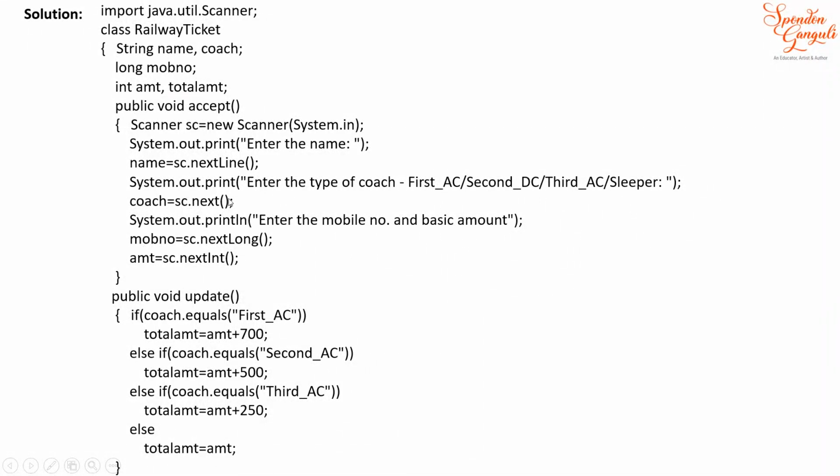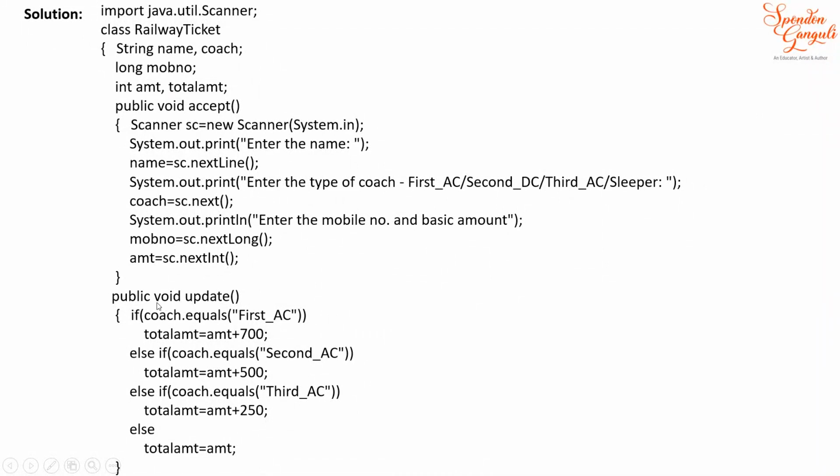Here, it was asked as per the type of code should be first AC, second AC, sorry, it's a misprint, it's second AC, third AC, sleeper. Now it is one word, whereas name can be multiple words. So name is taken in the next line, whereas coach is taken in the next. Then enter the mobile number and basic amount. Again, you can divide it in two different statements and take the inputs.